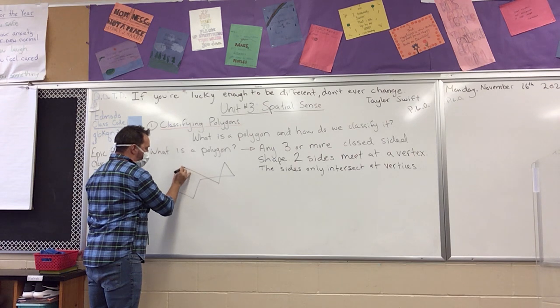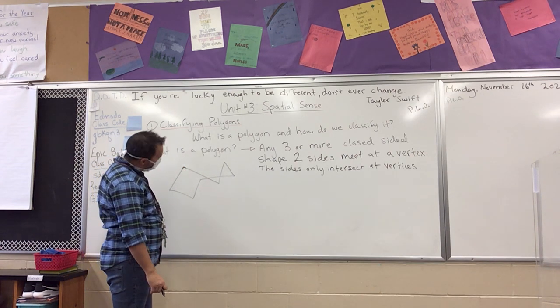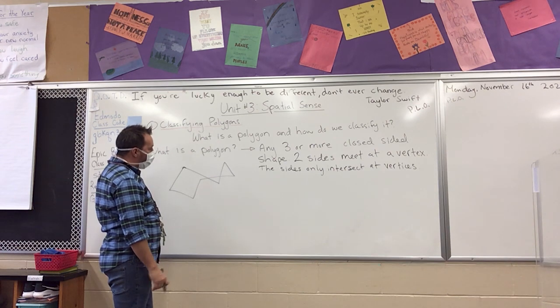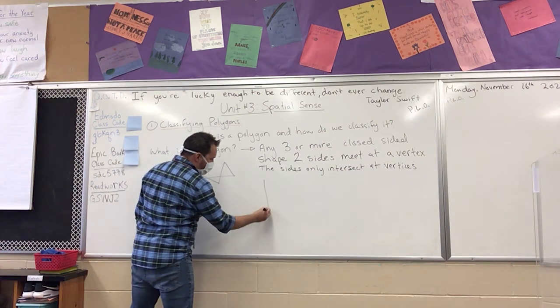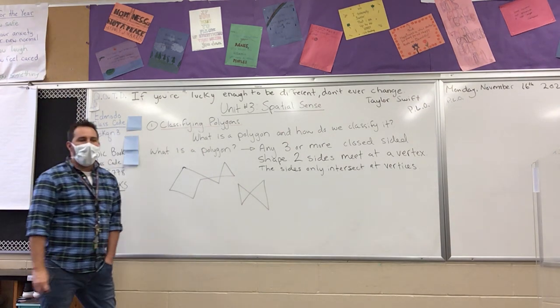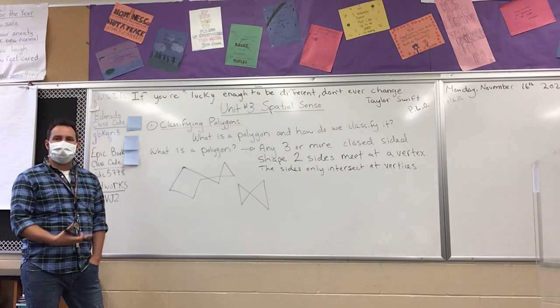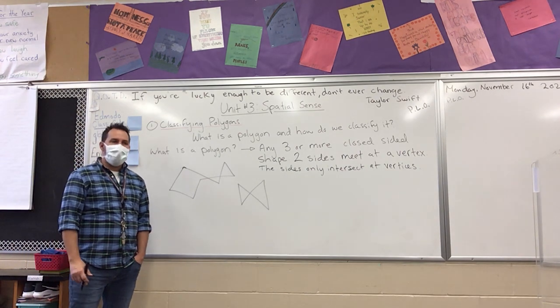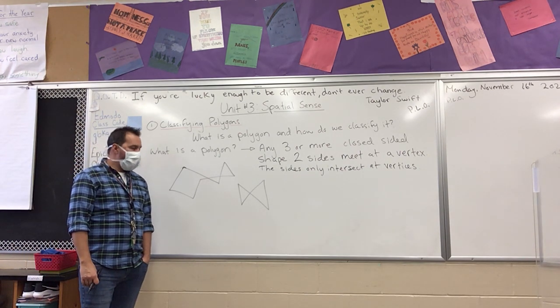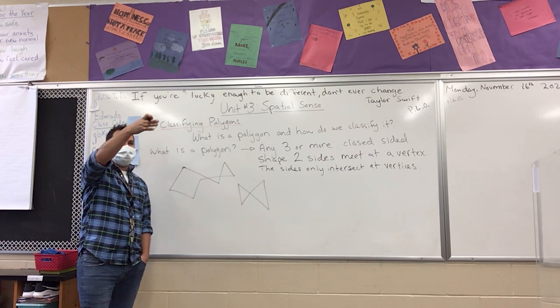It's not closed on the right. What about this? Polygon? No. Why is this not a polygon? It's not closed. Yeah, it is. Not fully. You say it's closed, Georgia? You say it's not closed.